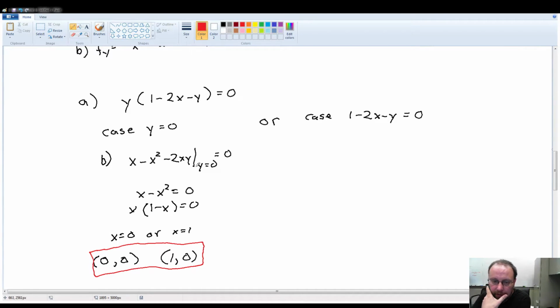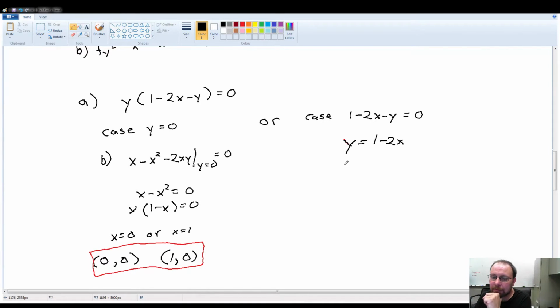Okay, so the second case. All right. So, well, how do we deal with this? Well, this equation is at least linear in x and y, so I can solve for y. Right, so y is 1 minus 2x.